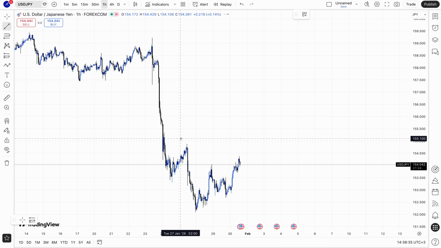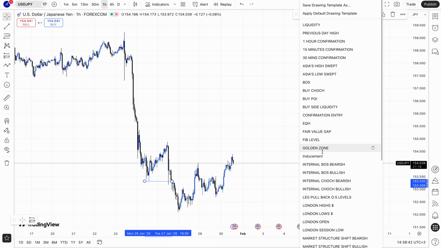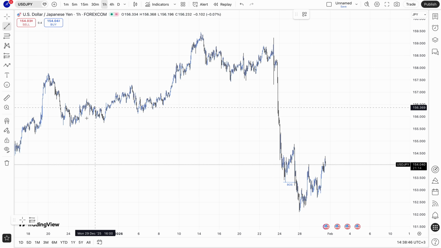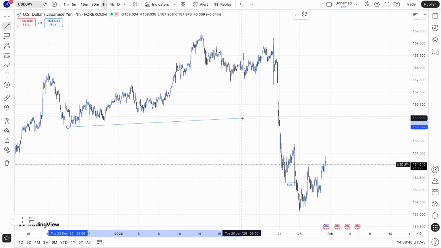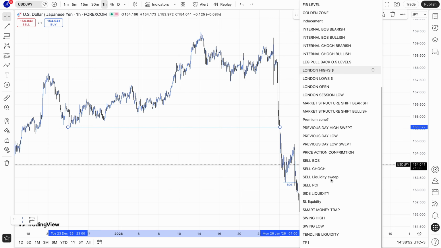Then for this, super simple, break of structure to the downside because the market is melting down at our last break of structure to the change of character to the downside.